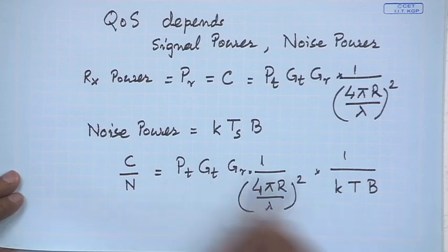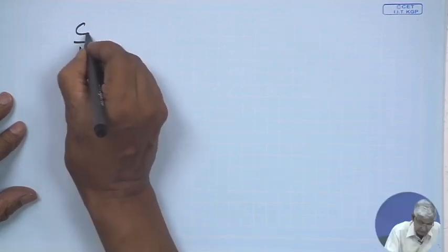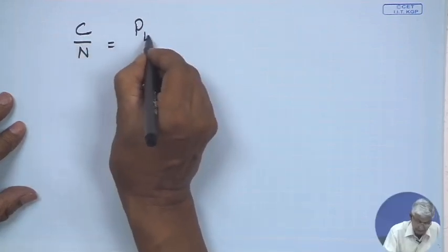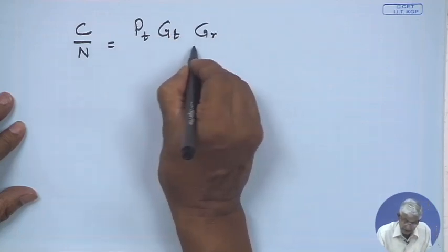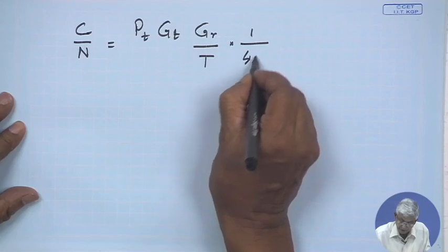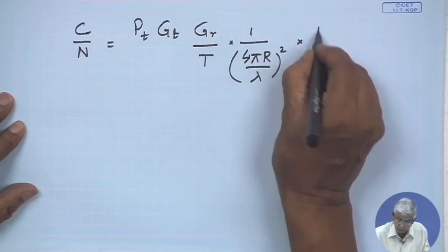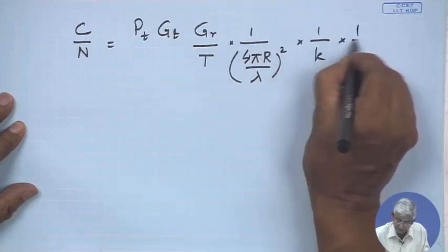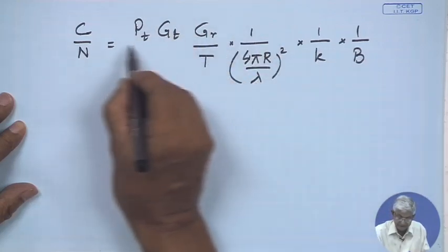Okay. So, let us readjust this and see how the signal to noise ratio, or in this case always we refer to carrier to noise ratio, stands. So, carrier to noise ratio is PT GT, then I rearrange, I call it GR by T, and then 1 by (4 pi R by lambda) whole square, 1 by K and 1 by B. That K T B is there, and the rest of the things are transmit power.